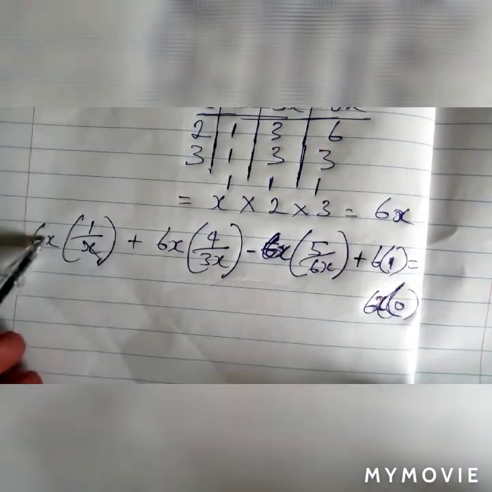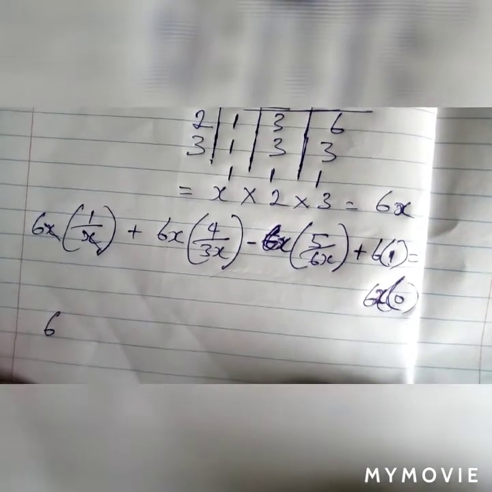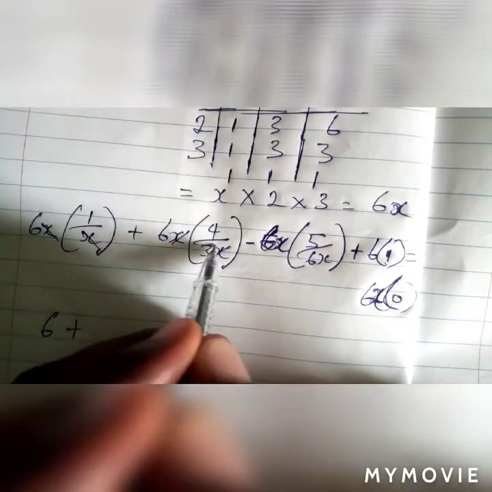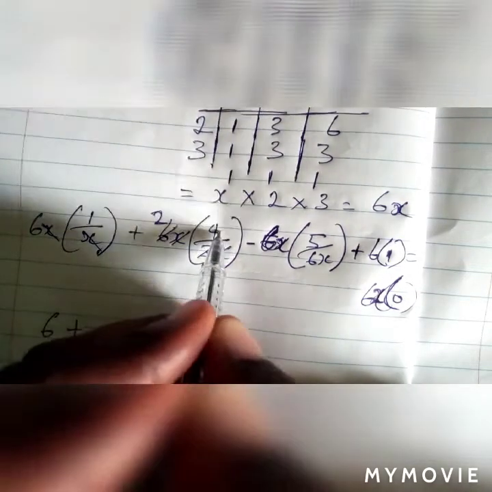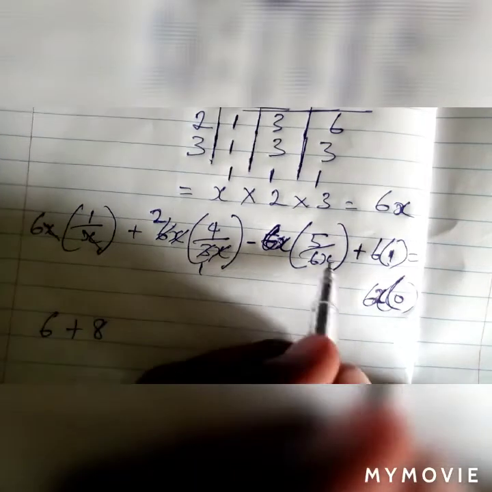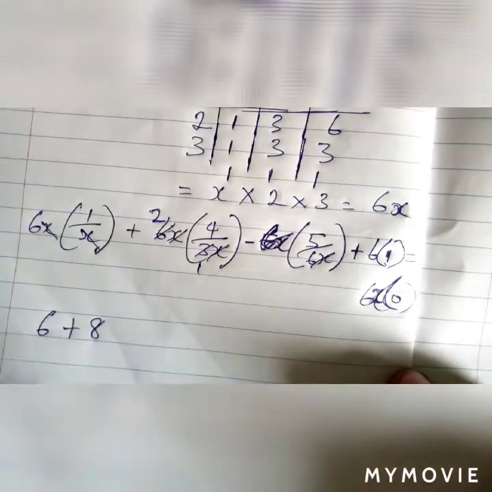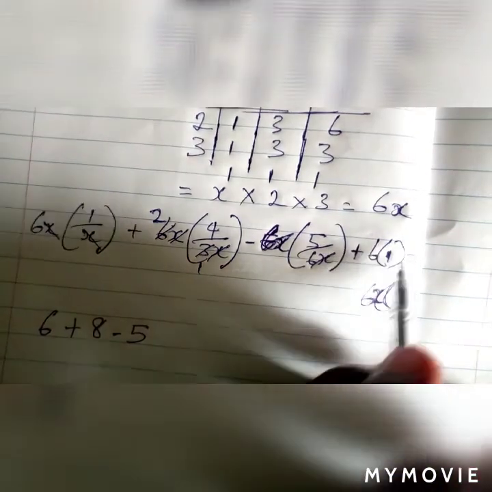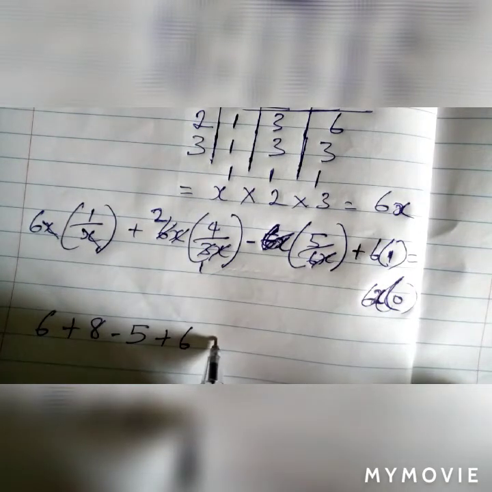When x cancels the x here, I have 6 times 1, which is 6. Plus, x cancels x, 3 here is 1, 3 here is 2, so I have 2 times 4, which gives me 8. Here 6x cancels 6x, and you have negative 5. Plus 6x times 1, we have 6x.